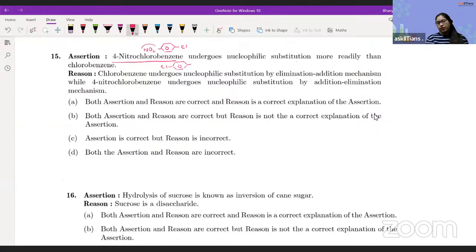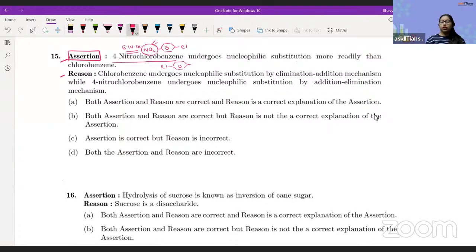Now in this, there is NO2 group, which is electron withdrawing group. So electron withdrawing group will increase the rate of nucleophilic substitution reactions, though it is not a characteristic reaction of benzene. But because of the presence of NO2, since it is withdrawing in nature, it increases the nucleophilic substitution.